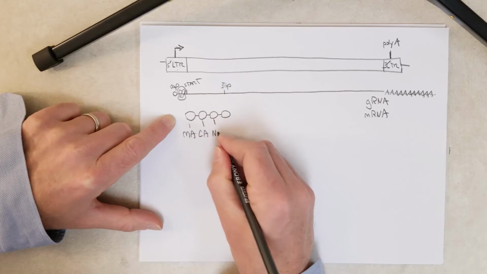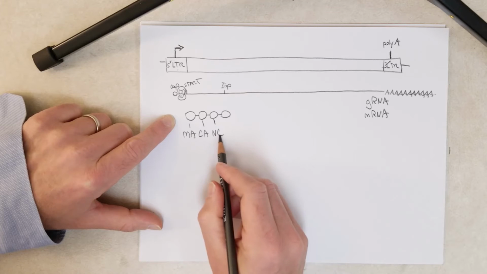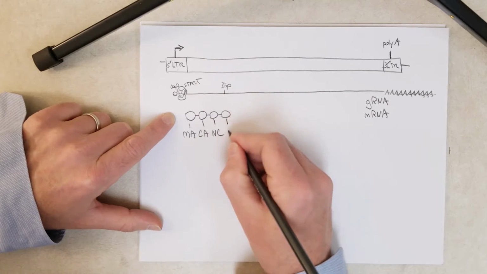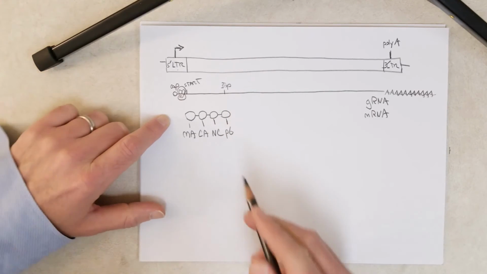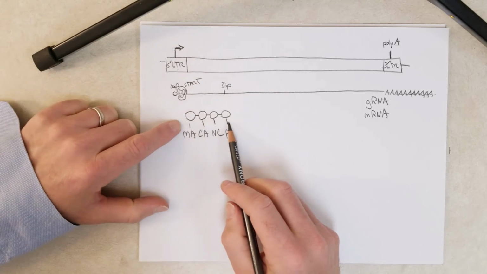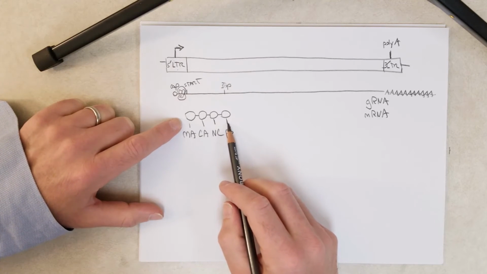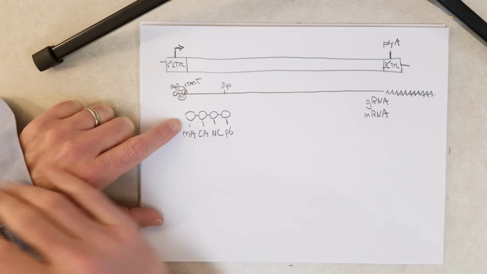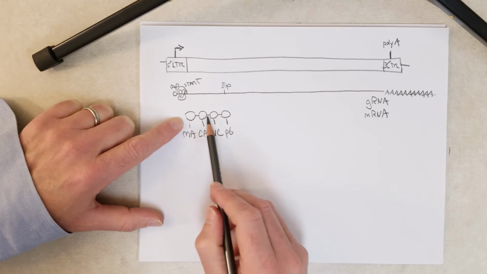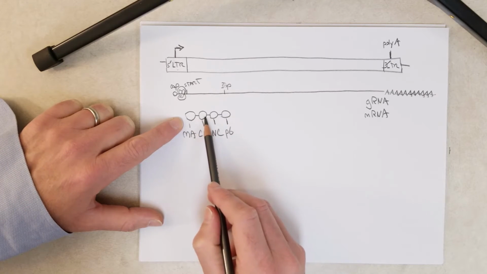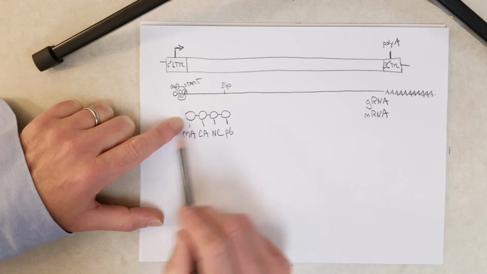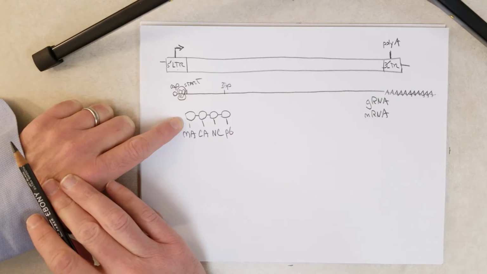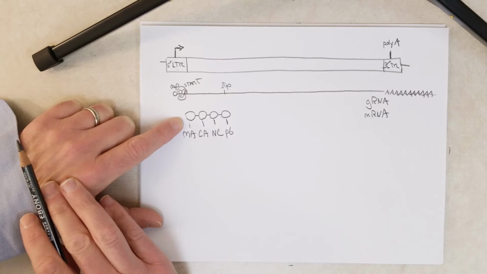This part is going to be NC for nucleocapsid protein. And this one is going to be P6. It's important for budding of the virus particle from the cell membrane. Now, these are all linked together, and they will need to be cleaved, separated from one another by a viral protease, which I'm going to talk about in a moment.